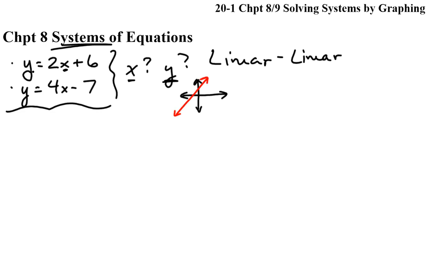And then we would have the second equation, which is 4x minus 7. Well, in that case, you might have something that looks like that. So there's the 2 lines. And what we learned last year is that where those 2 lines intersect, that's the one xy point that works and is on both lines, both equations. So that point of intersection would be xy.